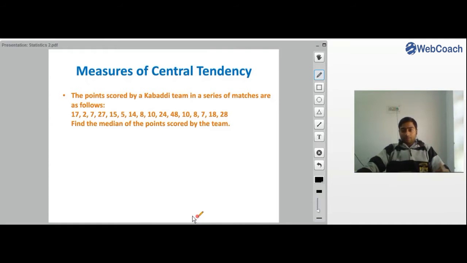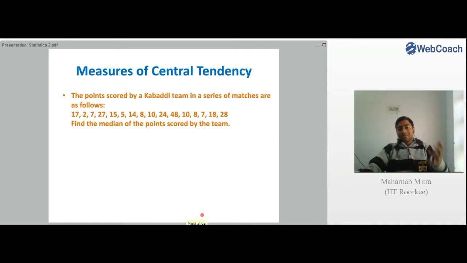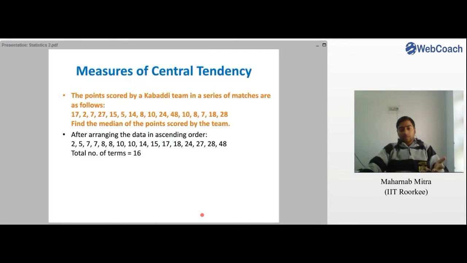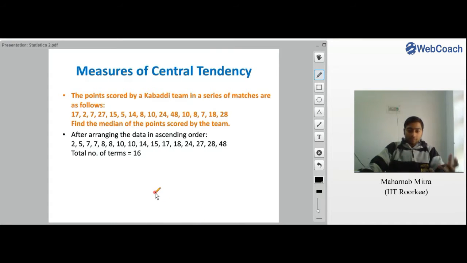Now let us look at when n is even, when the number of observations is even. Here we are given the points scored by a kabaddi team in a series of matches. Find the median of the points scored by the team. We are given a big set of data, and if you count the number of terms, we actually have 16 terms.